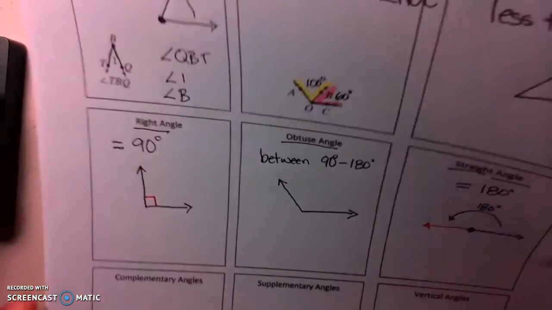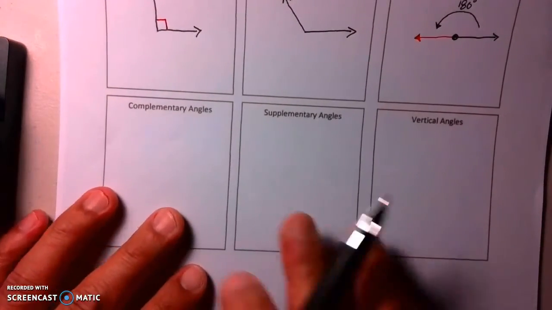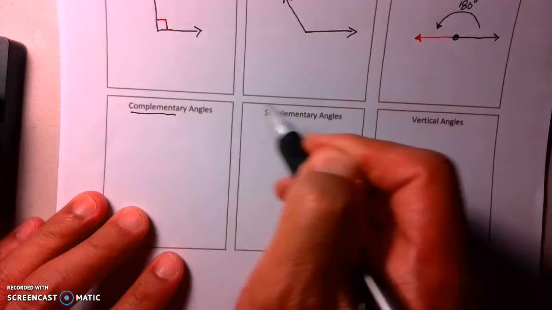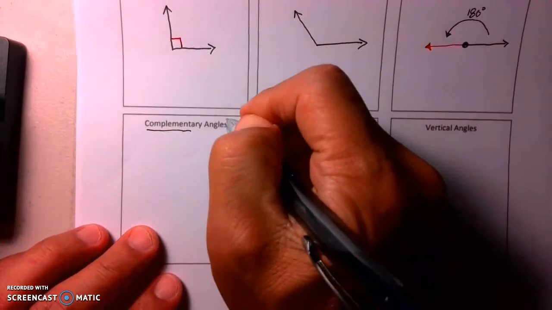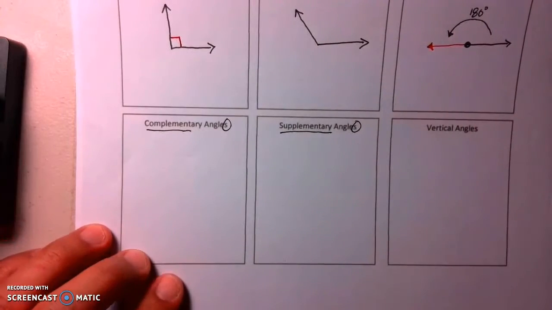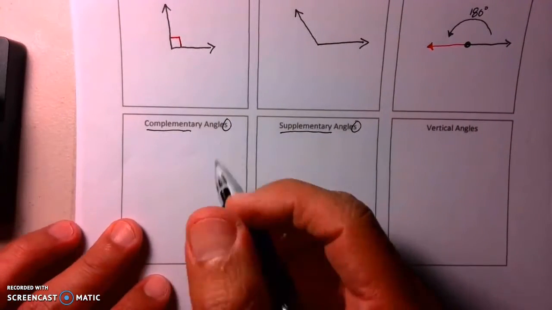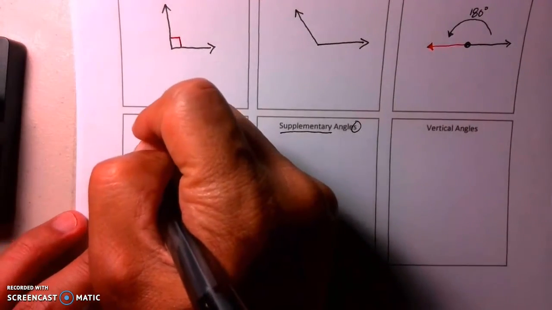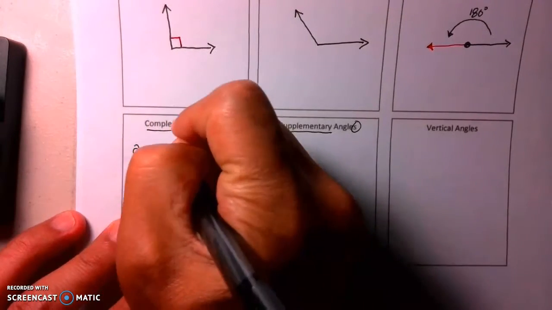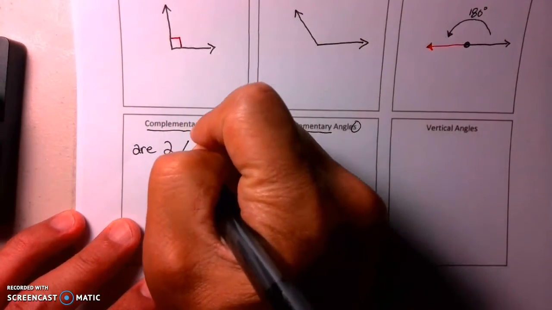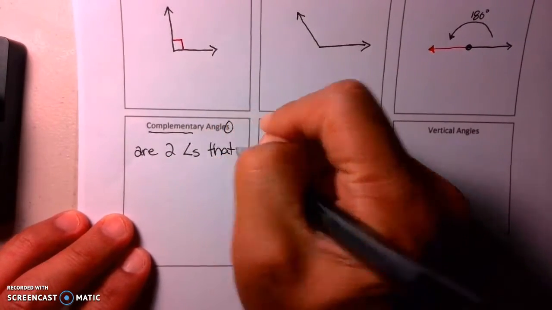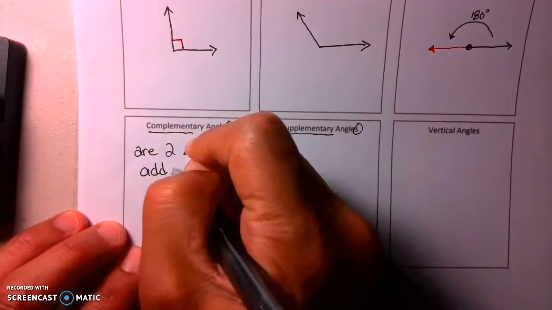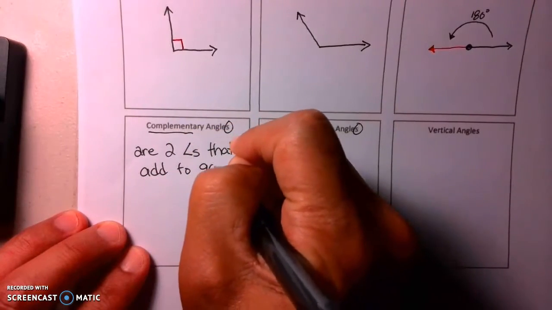Okay. Some other important terms here, complementary angles and supplementary angles. Complementary angles, notice there's the C, and supplementary angles, the S. You're going to have two angles. Complementary angles are two angles that add to 90 degrees.